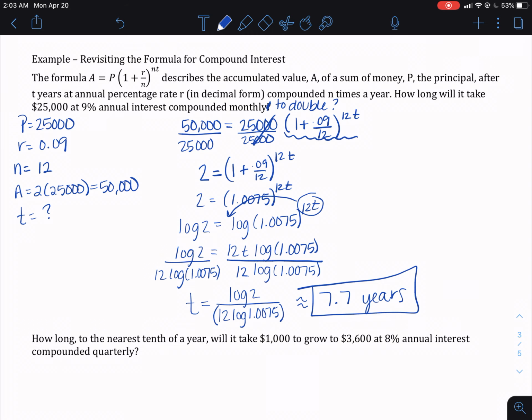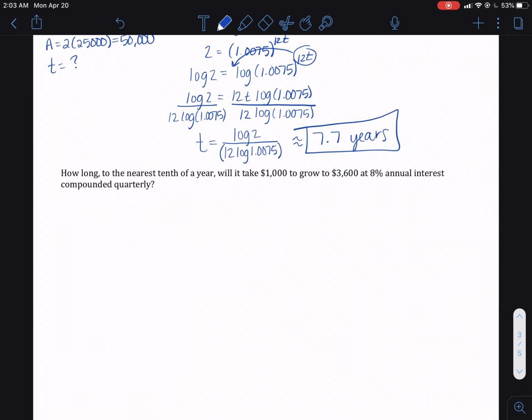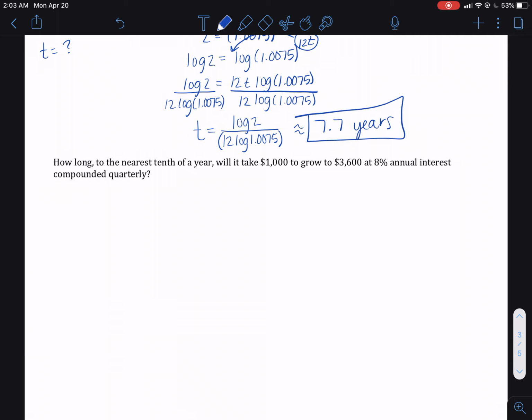All right, and we're just going to set up this last one. How long, to the nearest tenth of a year, will it take $1,000 to grow to $3,600 at 8% annual interest compounded quarterly? We started off with $1,000. We want it to grow to $3,600 at a rate of 8%, or 0.08, compounded quarterly.